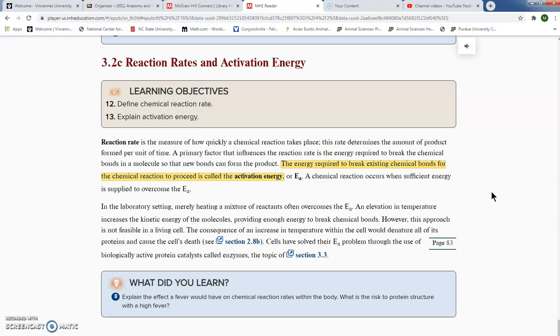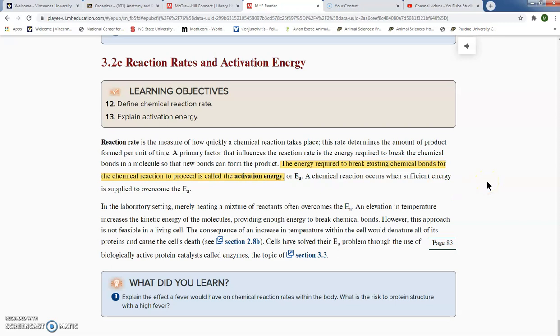All right. So the thing about activation energy is we need to make sure that we have enough energy to overcome that activation energy, so that way we can get those chemical bonds broken.